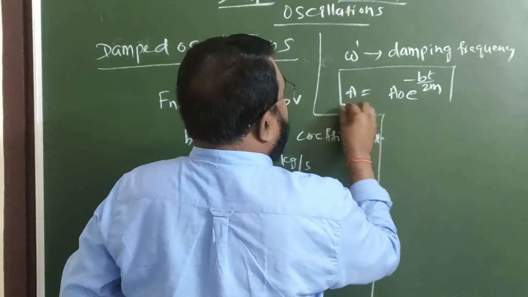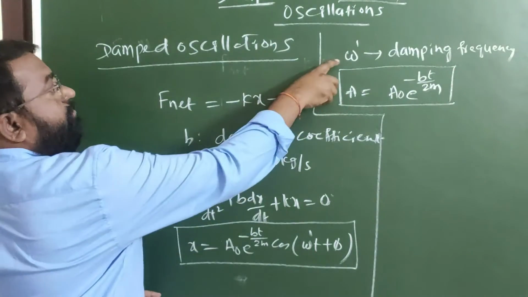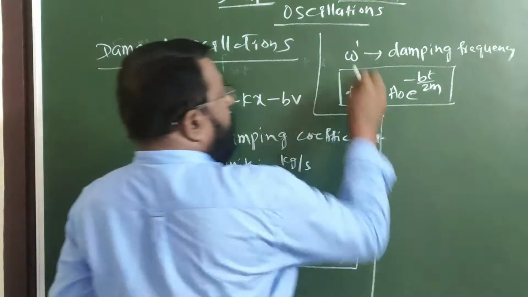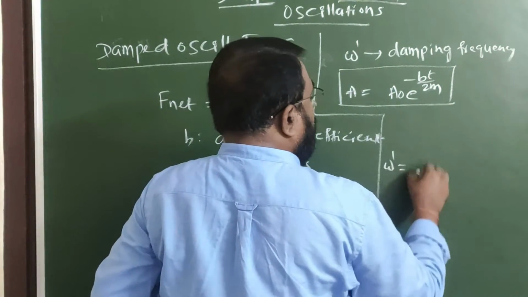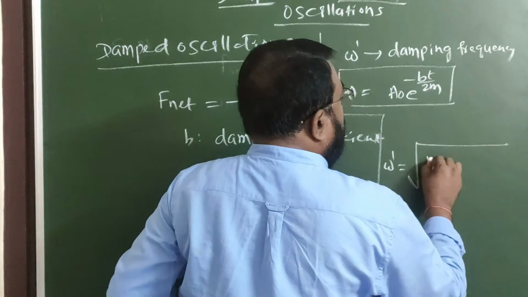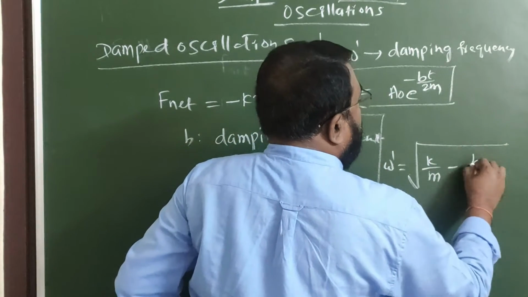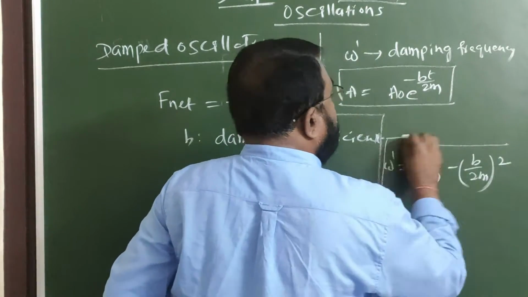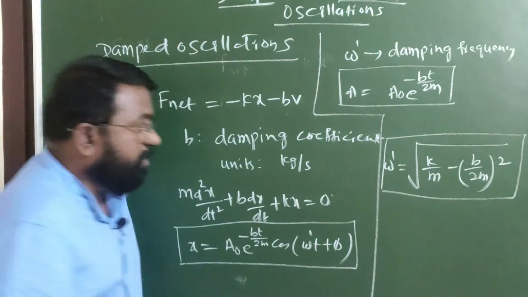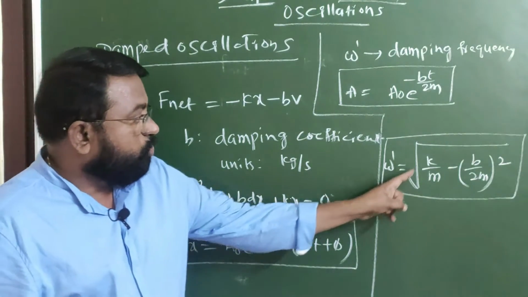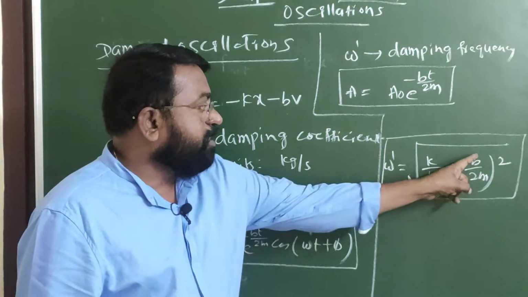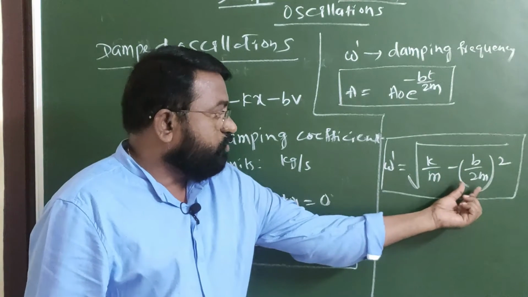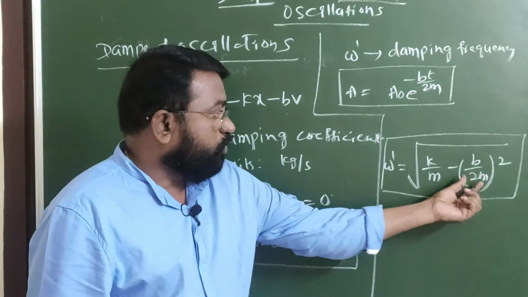This damping frequency depends on the damping coefficient, therefore omega dash is equal to square root of k by m minus (b by 2m) whole squared. Here the first term is the natural frequency.